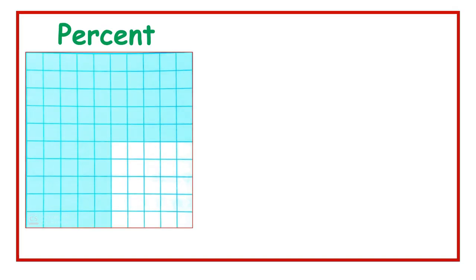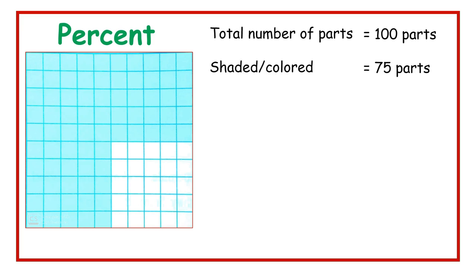Percent. Now, look at this grid. It has been divided into 100 parts. So, the total number of parts is 100. And 75 parts have been colored.